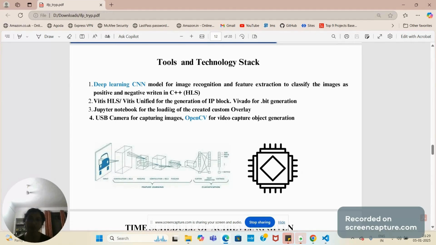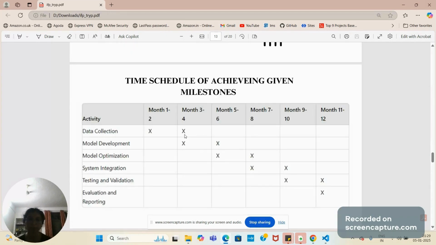Vivado for the .bit generation from the IP core generated from Vitis HLS. Then Jupyter Notebook for loading the custom overlay and also for accumulating different memory locations, AXI streams, and a USB camera for capturing the image, and OpenCV for video capture object generation.